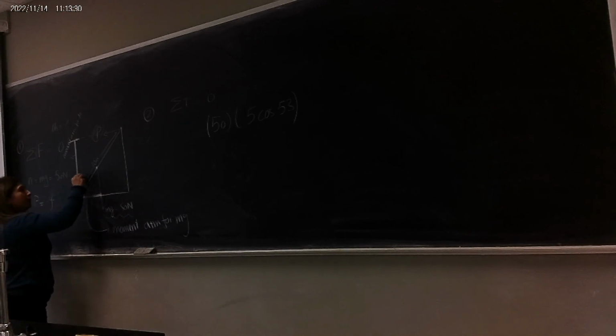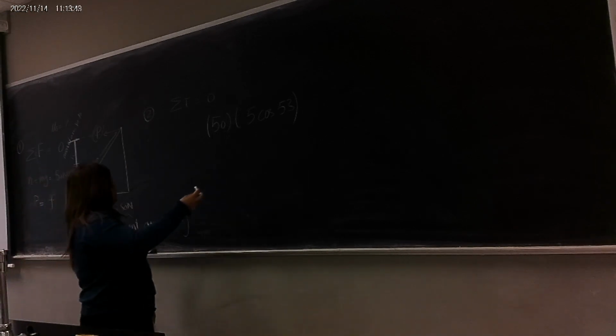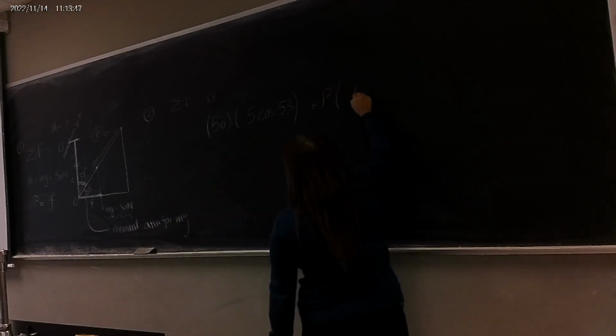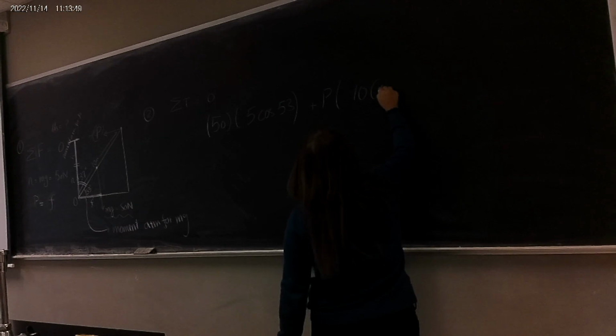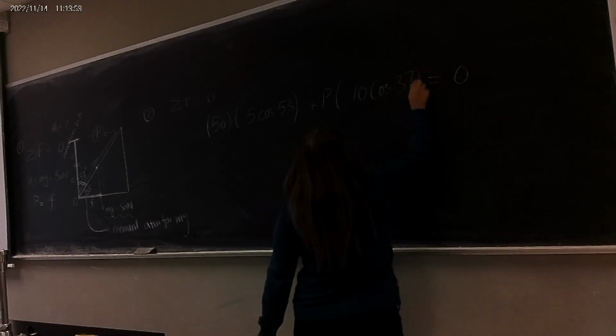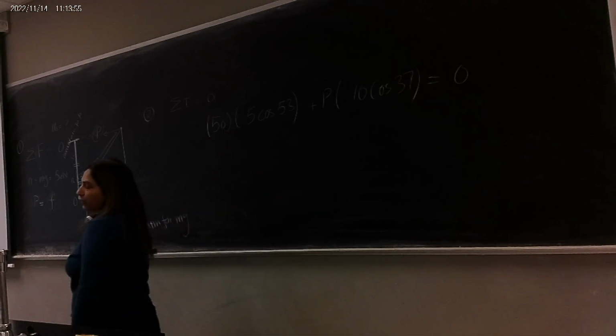Is that right? If we know that angle, can we figure this out? That would be plus P times 10 cosine of 37 equal to 0.